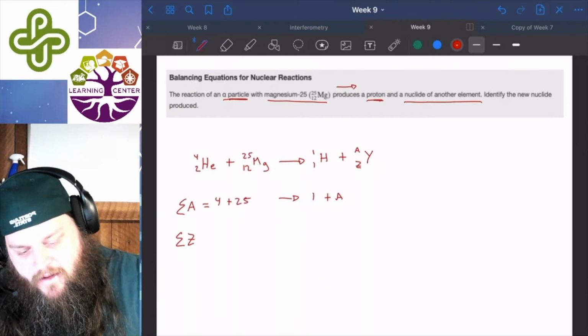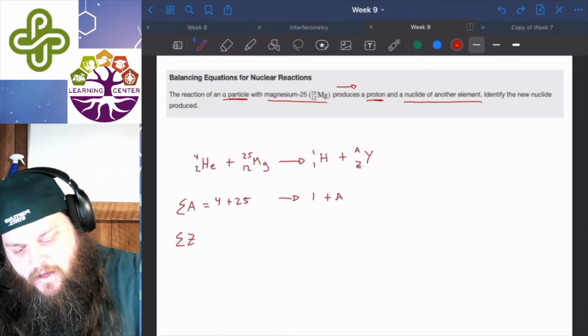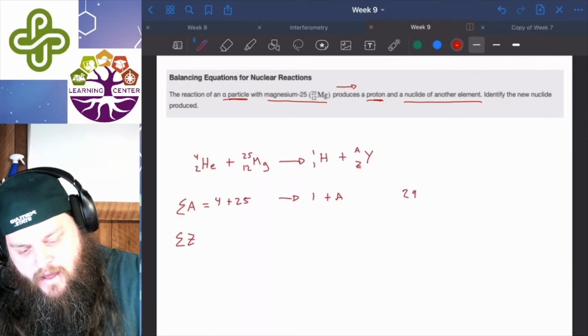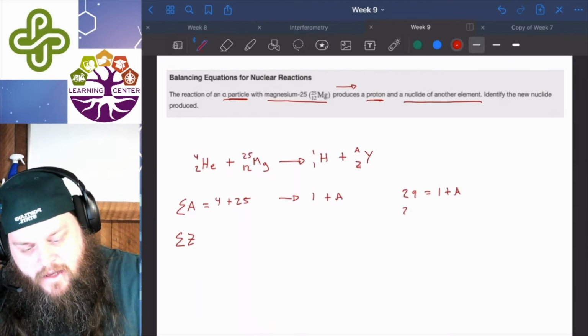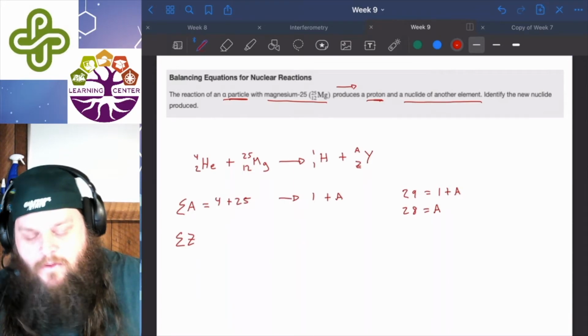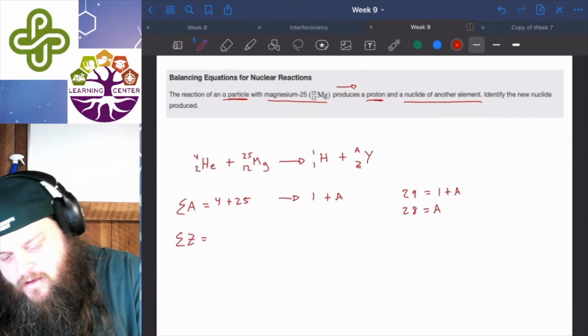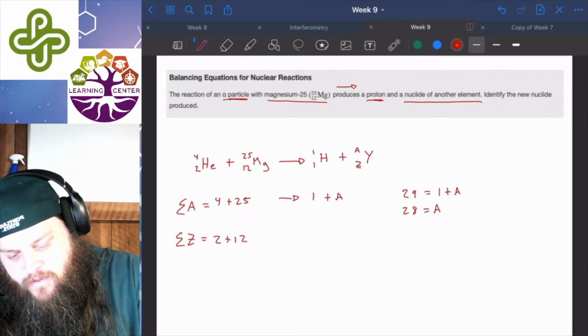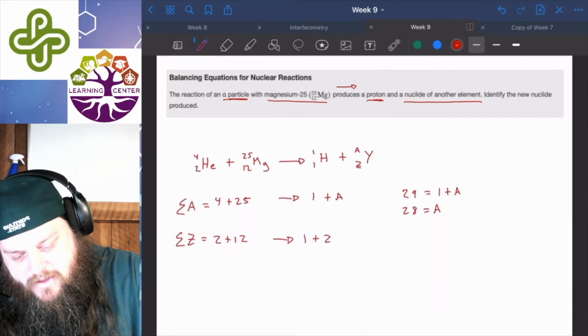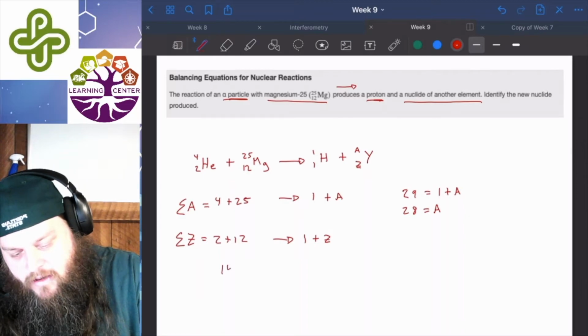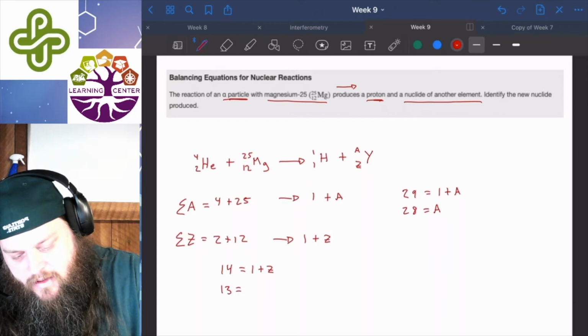So 4 plus 25 is 29, and that needs to equal 1 plus A. I can subtract 1 from each side. That's 28 is equal to A. And that should give me the right A value. So what is the Z? We do the same thing for the Z. That's 2 plus 12 on the left side. On the product side, we're going to have 1 plus Z. 2 plus 12 is 14, which is equal to 1 plus Z. That's 13 equals Z.